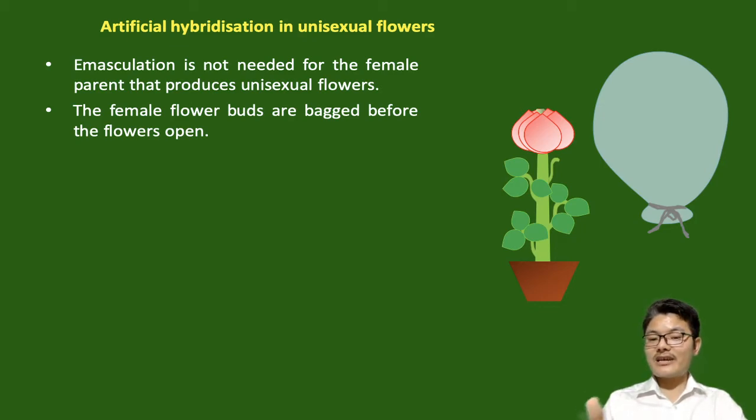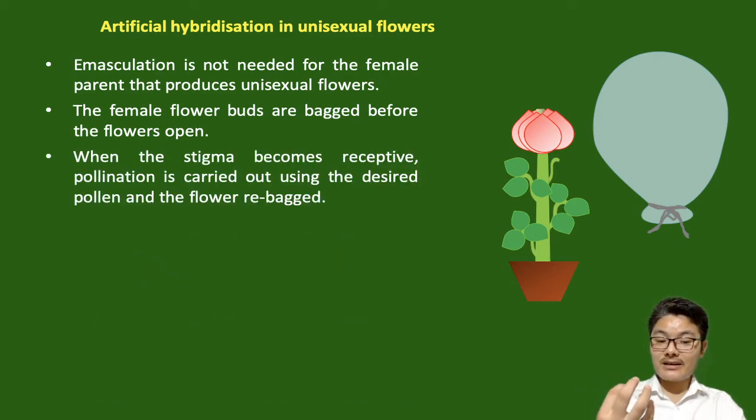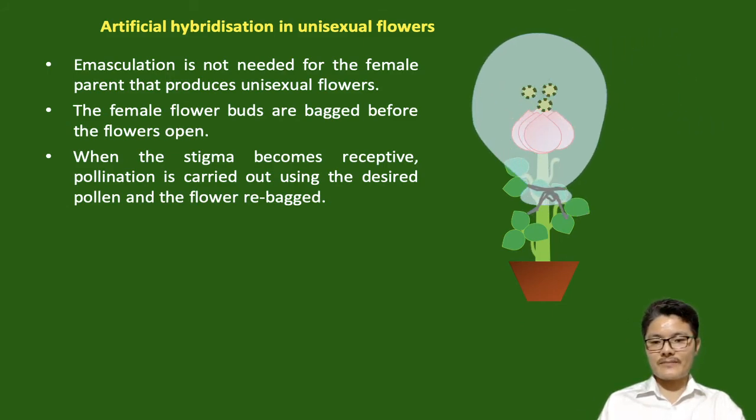Once the flower attains maturity and after collecting the desired pollen grains, the pollen grains are dusted. Once the stigma becomes receptive, we dust the pollen grains and then rebag it.